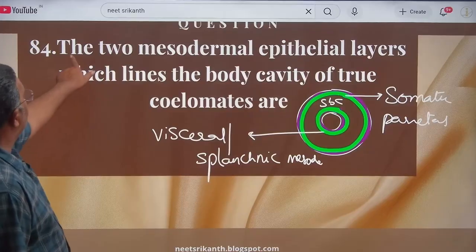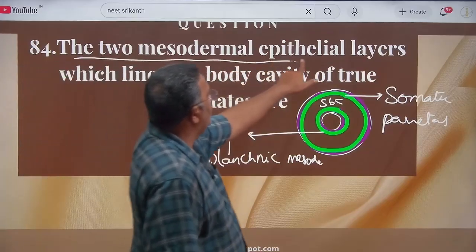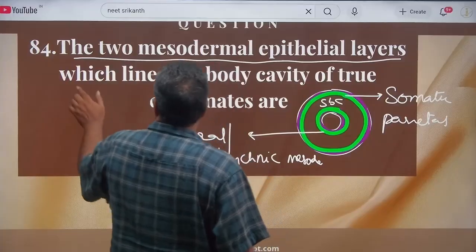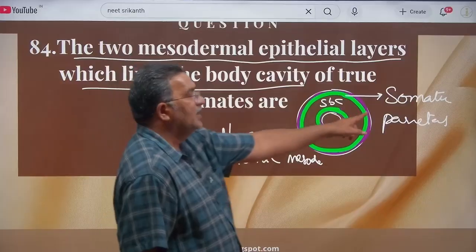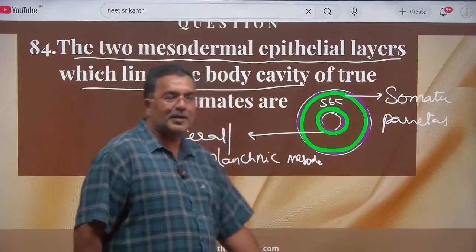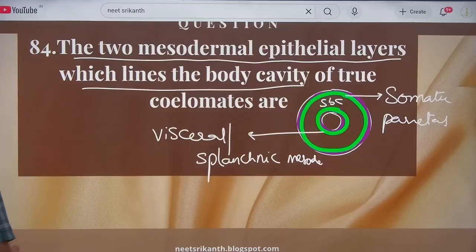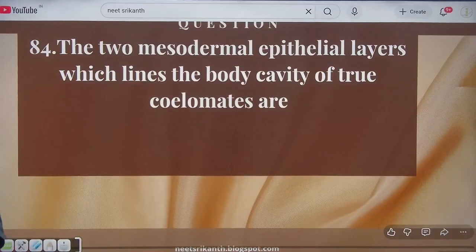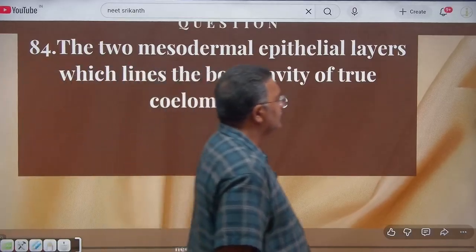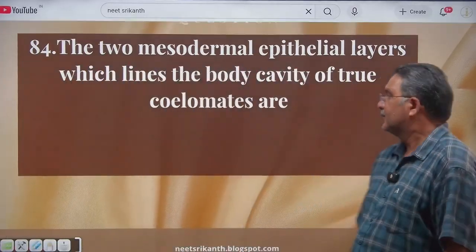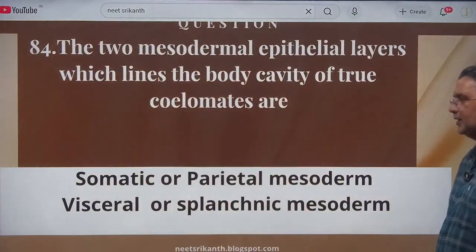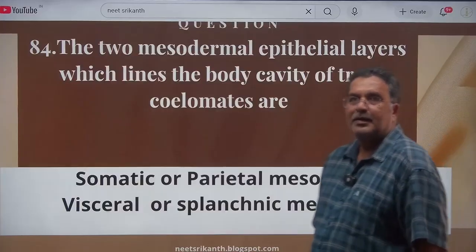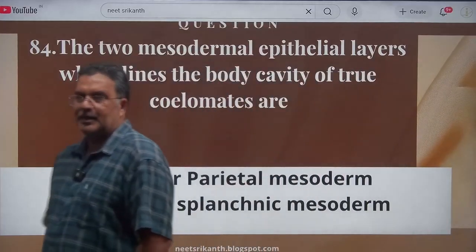So, what is the question? The two mesodermal epithelial layers which line the body cavity of true coelomates are somatic or parietal mesoderm and visceral or splanchnic mesoderm.